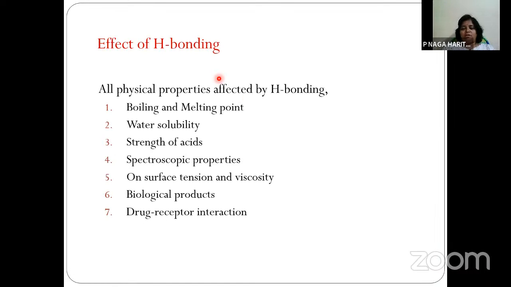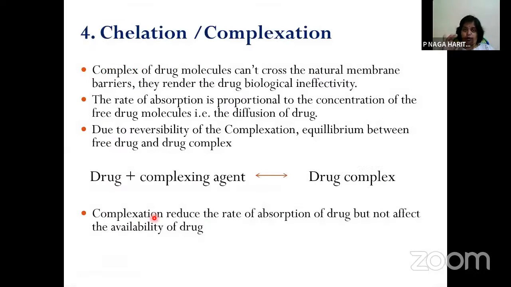And the properties that are going to be affected because of this hydrogen bonding are boiling point and melting point, water solubility, strength of the acid, spectroscopic properties, surface tension and viscosity. It is going to show an effect on biological products as well as the drug receptor interaction. All these properties are going to be affected if there is a formation of a hydrogen bond.